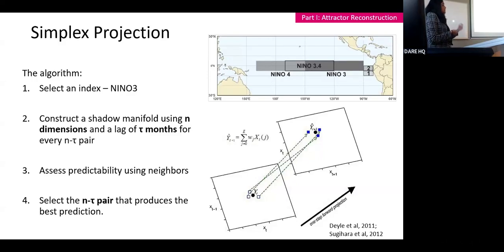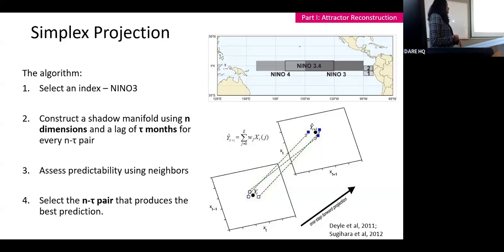So in each system, you can then test if my neighbors near me at the next time step are near me still, then I have made a good prediction. So it's called a simplex, where you average over your nearest neighbors, and you consider that the prediction of the next time step. You test how good that prediction is at each point in the structure you've created.